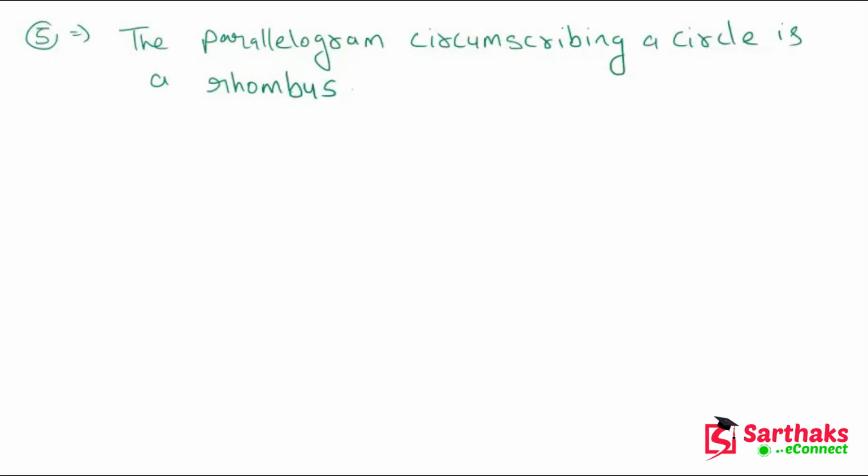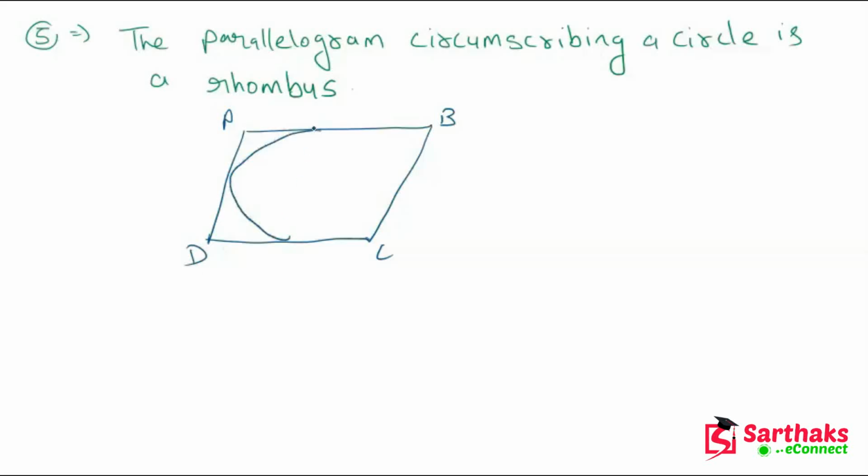Now this statement states that, let's suppose we have a parallelogram like this: A, B, C and D. And in this parallelogram there is a circle touching these lines.